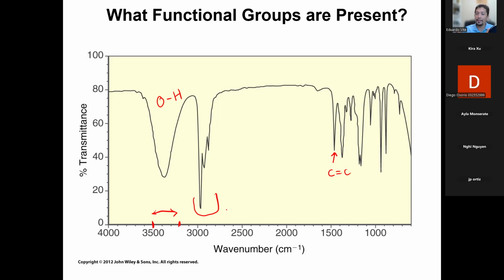You can identify it, but you won't be given credit for it because that's everywhere. You need to tell me what else you see. Okay. Awesome. But do point it out. I'm not saying don't think about it. Point it out. Because if that's the only thing you see, then you don't have any functional groups, right? By definition, you don't have any functional groups. So, all right, let's move on to the next one.